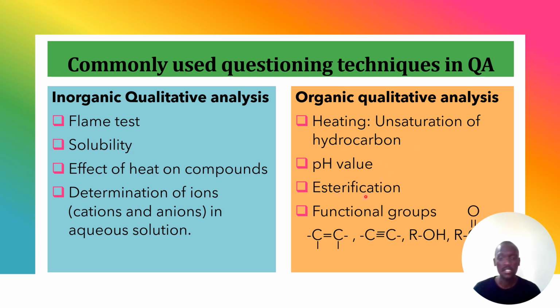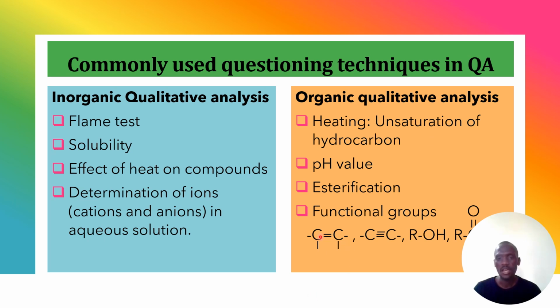Then the third one is the esterification reaction, and this reaction revolves around organic acids, alkanols or alcohols, and maybe a few drops of acid. We'll deal with these later on. Then we have the functional groups commonly tested in organic analysis.